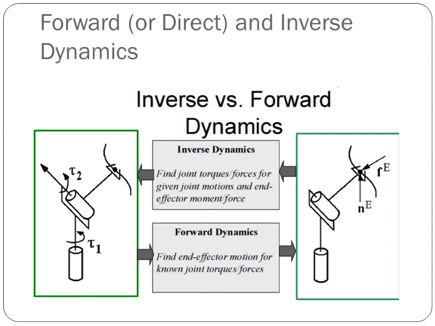It means how much force or torque is required to reach the end effector. Or suppose this is a trajectory, and if you draw the trajectory of the end effector, we should know how much torque is applied at each joint.